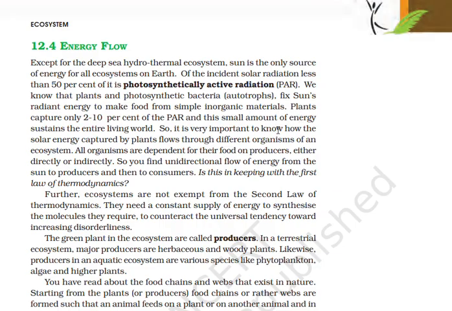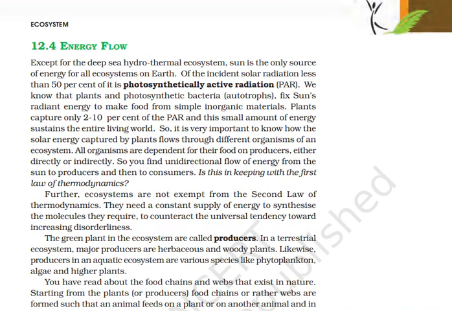So it is very important to know how the solar energy captured by the plants flows through different organisms of an ecosystem. All organisms are dependent for the food on producers, either directly or indirectly.